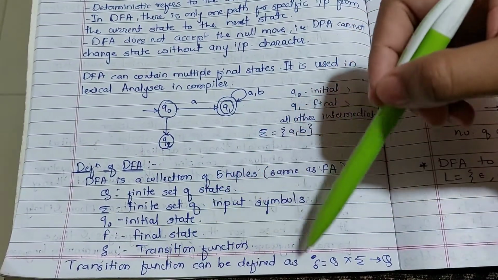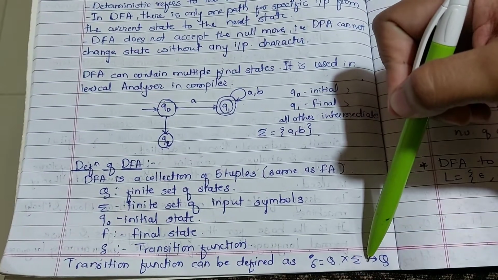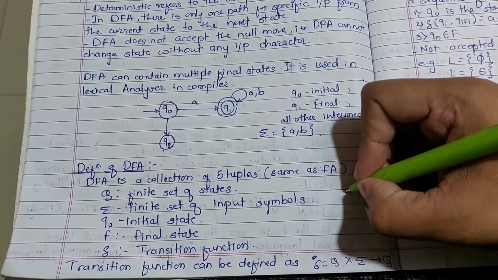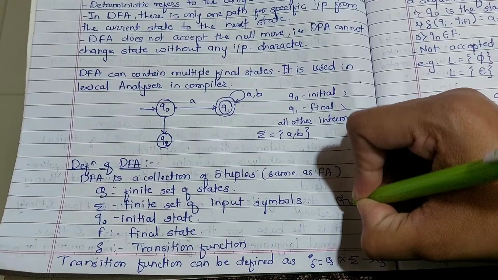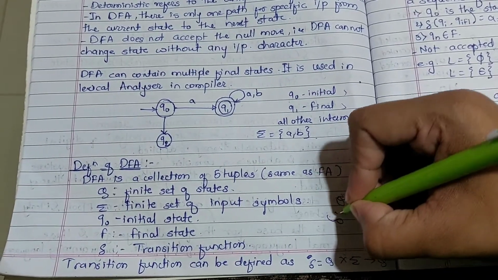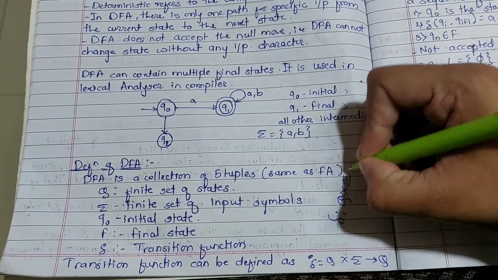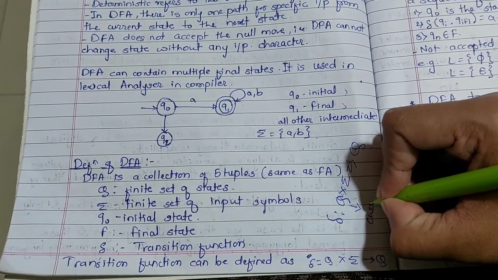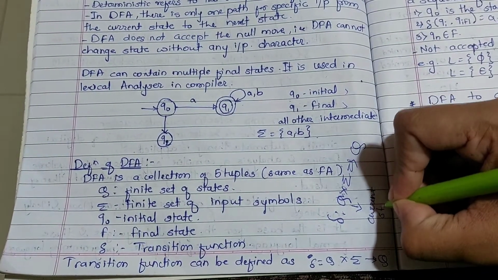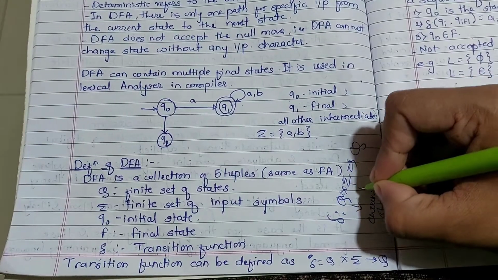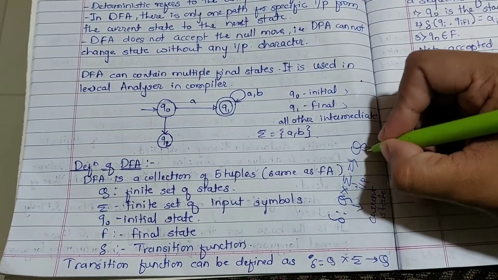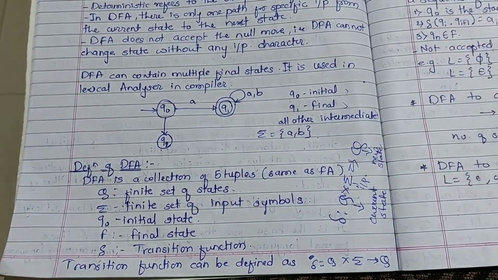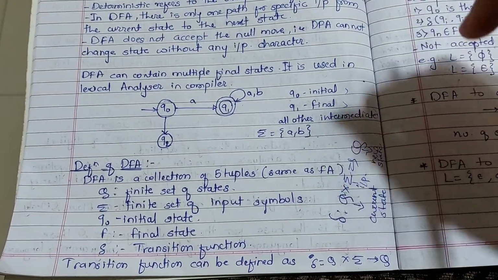The transition function can be defined as delta: Q cross sigma giving Q, same as in your previous finite automata. It means that from the current state, on some input symbol, it will transit to the new state or next state. So this is the transition function.